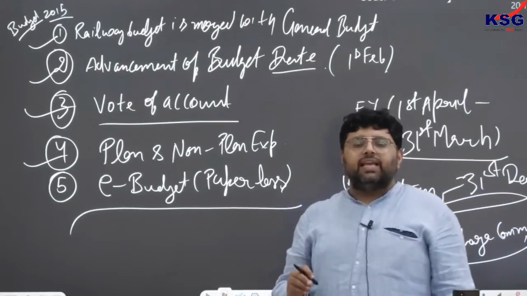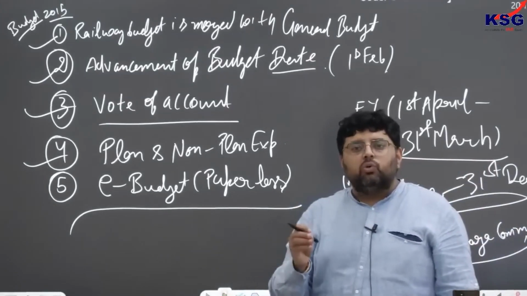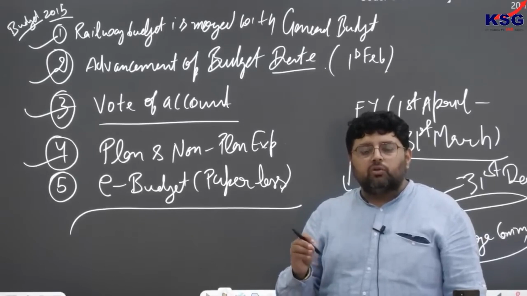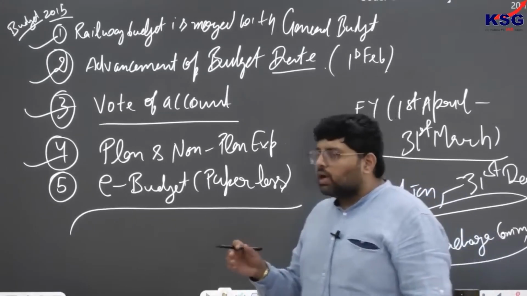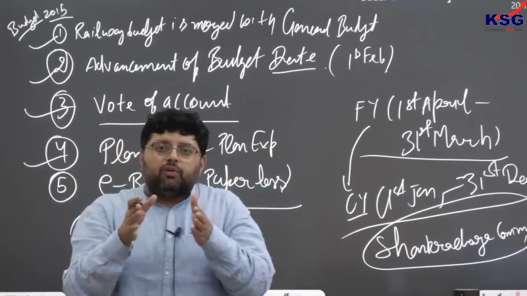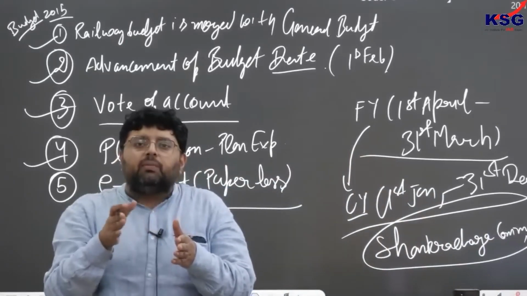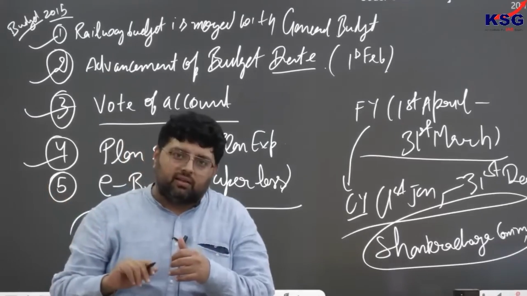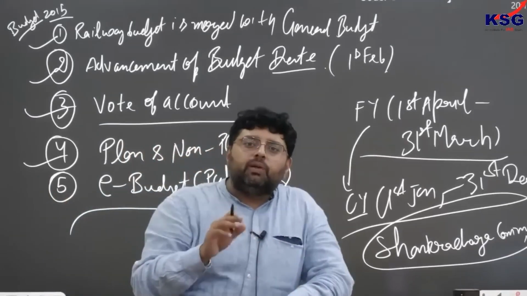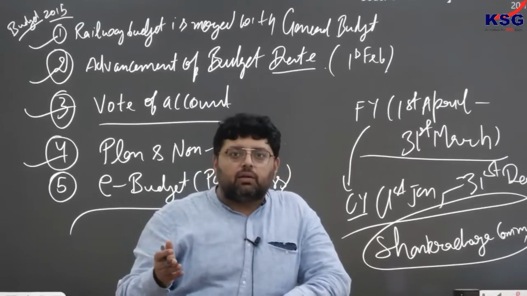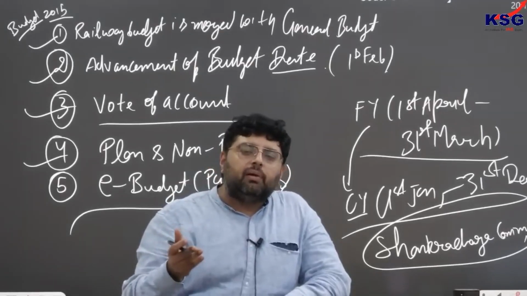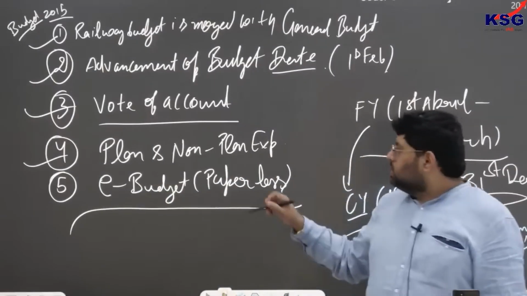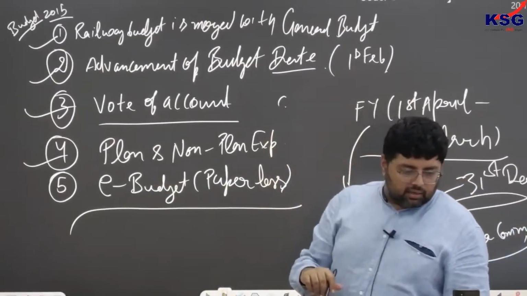See, basically when you are saying that financial year must be shifted to calendar year, the purpose is to link your budget session, or you can say budget, with agriculture year only. अभी क्या होता है, अगर मैं आपको 2 मिनट में समझाऊं, अभी क्या है कि 1 अप्रैल को आपका फाइनेंशियल ईयर स्टार्ट होता है, तो डिपार्टमेंट्स तक पैसे जो आते हैं ना, मई जून तक आने शुरू होते हैं. अल्टीमेटली जब वो स्कीम्स इंप्लीमेंट करते हैं तब तक खरीफ सीजन निकल जाता है. ओके, तो अगर यही जनवरी 1 को मिल जाए पैसे, तो अल्टीमेटली they can have a better management. क्लियर? That is why it is demanded by Shankaracharya committee to shift to calendar year. Clear?